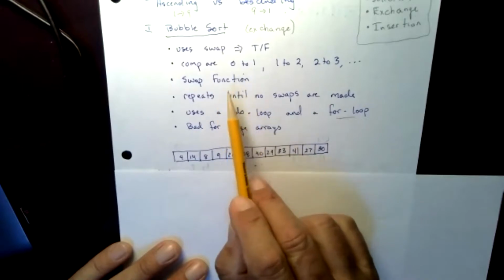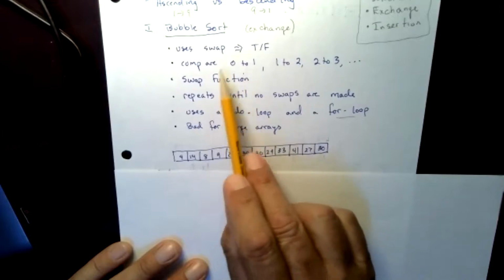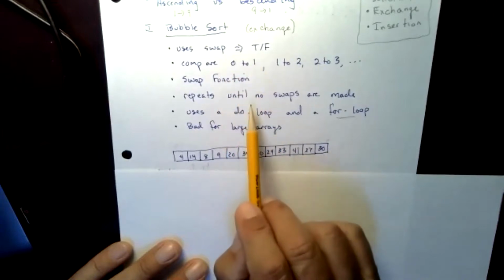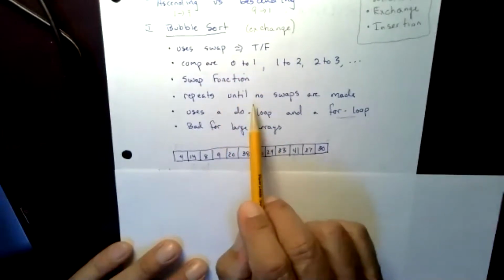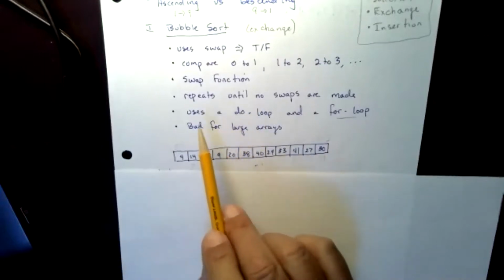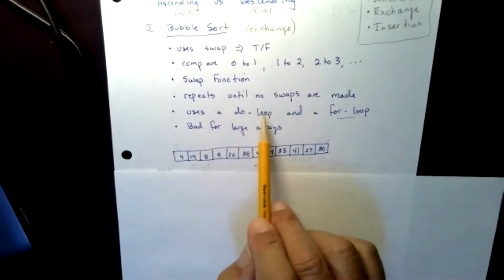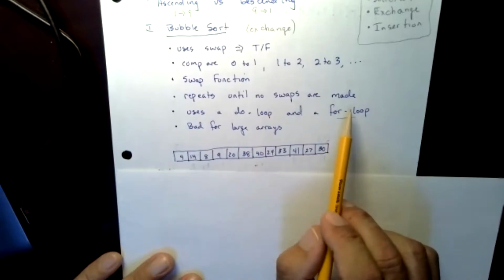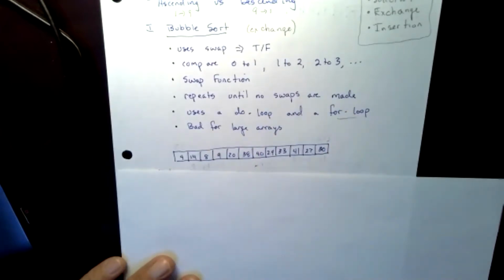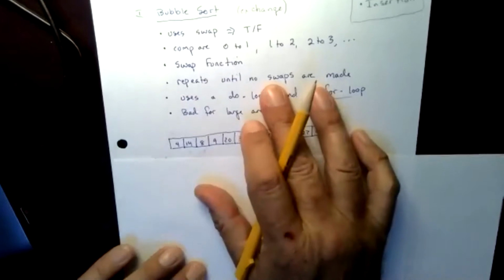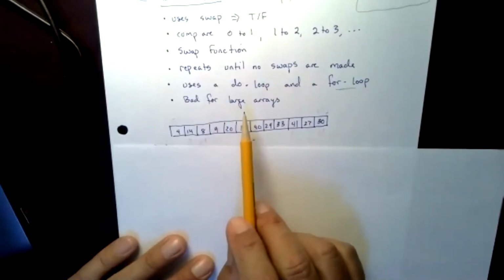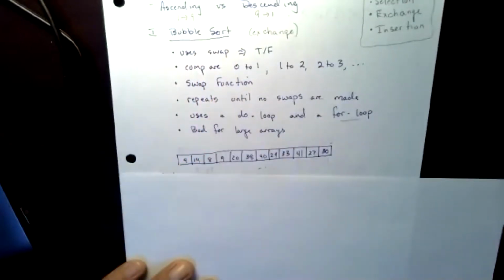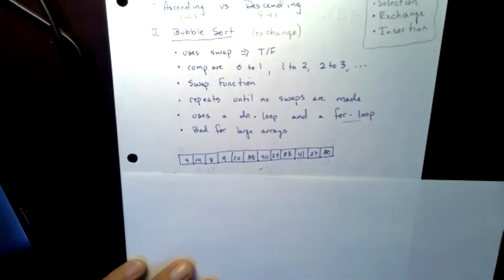And I'm going to keep going through this loop until there are no swaps. So for this, I need a do while loop, and I'm going to use a for loop. There are going to be 2 types of loops. And just a side note, this type of sorting, this bubble sort, is bad for large sets of data.